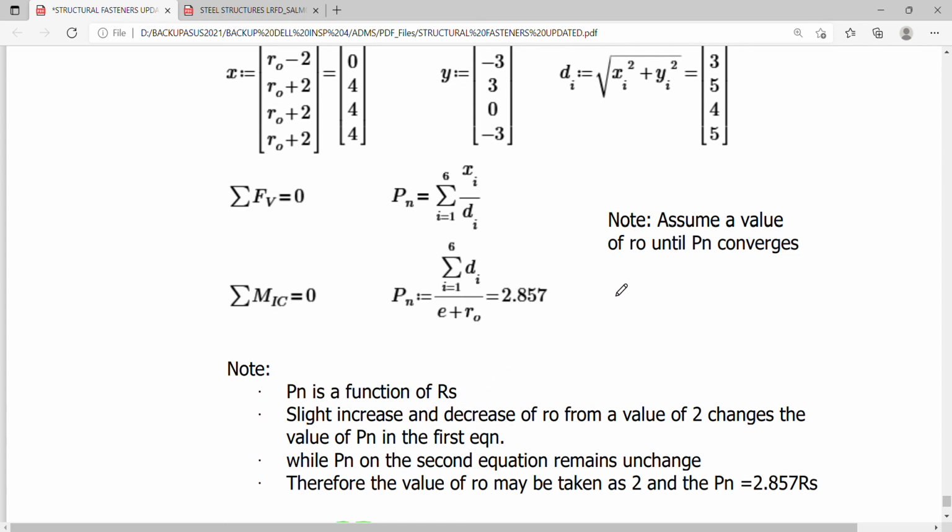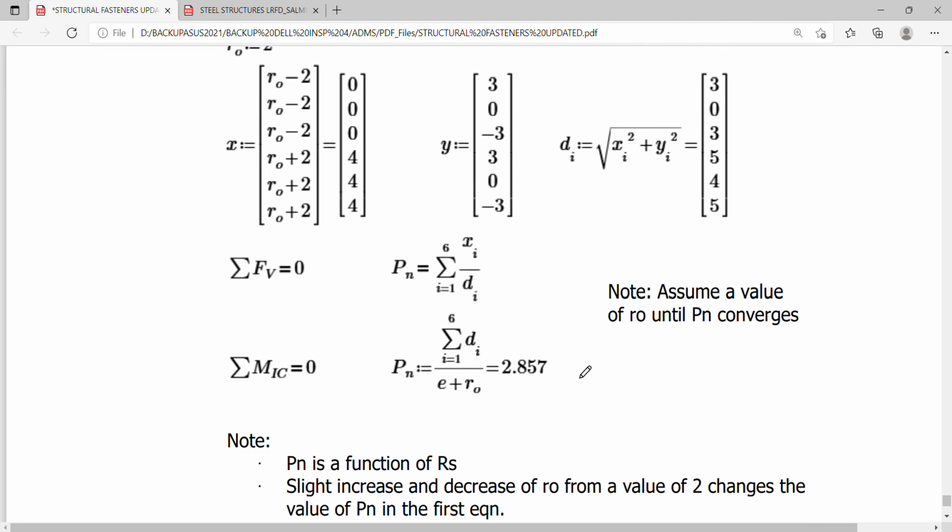And the convergence criteria here cannot be seen in how near the value of Pn on this equation for the moment and Pn on this equation for the summation of forces vertical are, because there is a misbehavior that can come up since there are values of di equivalent to 0, so this will actually overflow when you use a program.